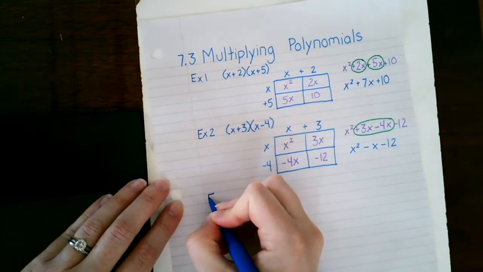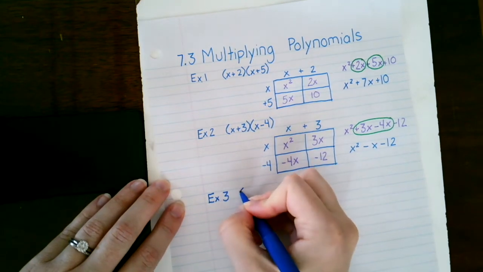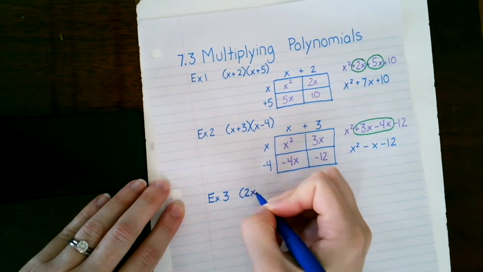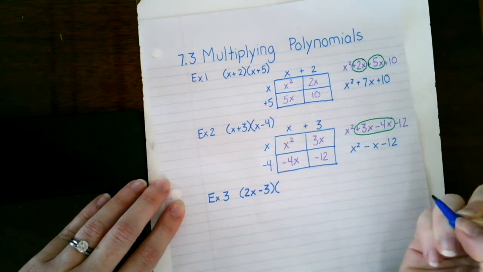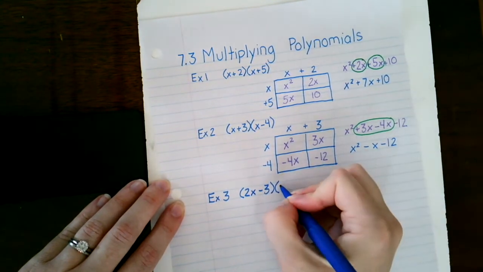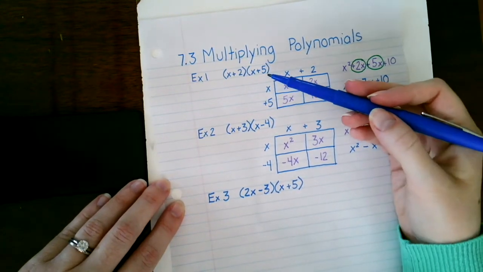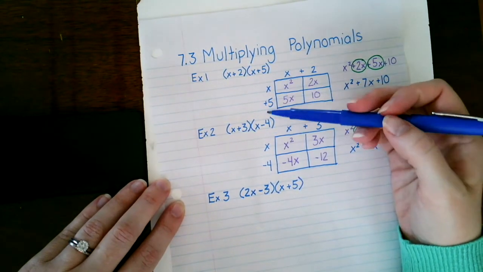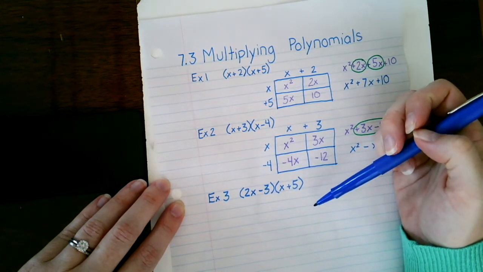So example 3, this time we're going to do 2x minus 3 times the quantity x plus 5. So what are you noticing between our first two examples and now this third example? You're right.